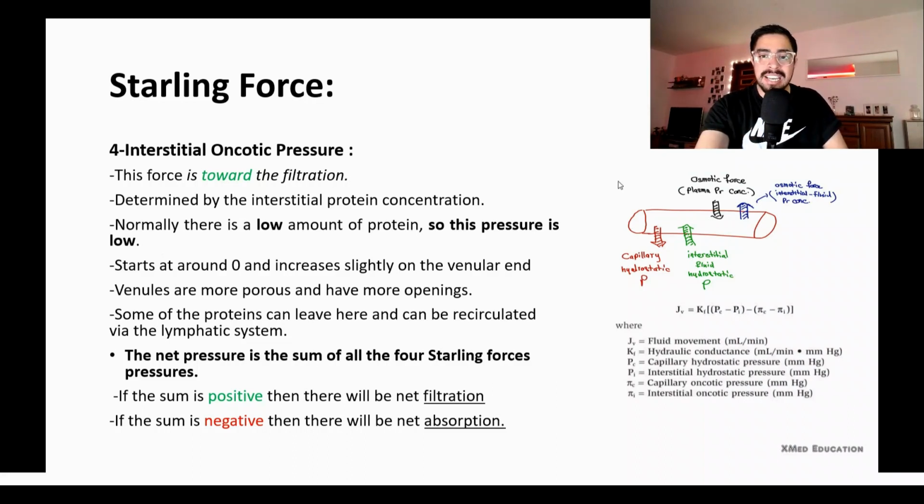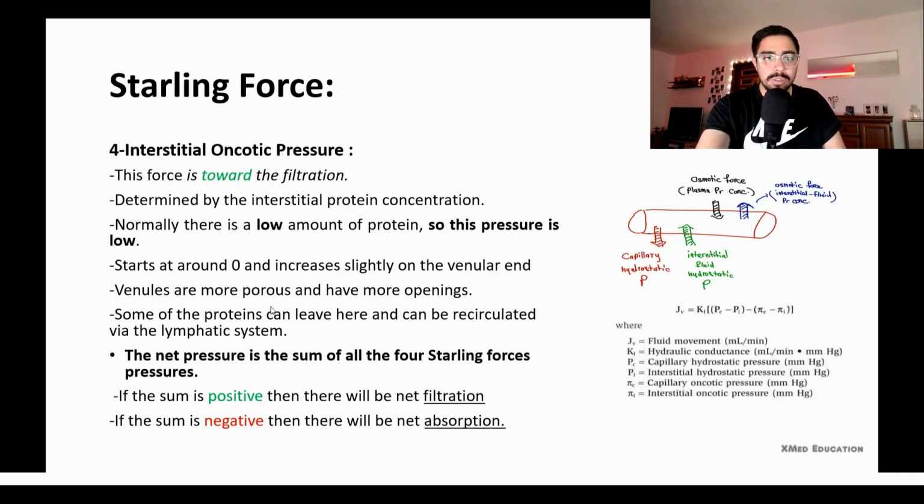So if 10 fluid, by the oncotic pressure of the capillary, goes back to the capillary, one fluid will go in the direction from the capillary to the interstitial fluid, because the concentration here is much less. So the difference between these two will favor the oncotic pressure of the capillary. So this force is toward the filtration. However, the pressure is very low because the concentration is low, and it starts around 0, and in the venule part it will increase a bit.